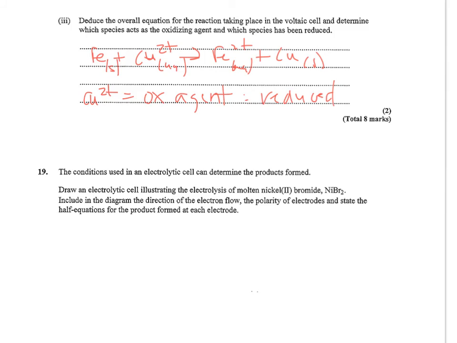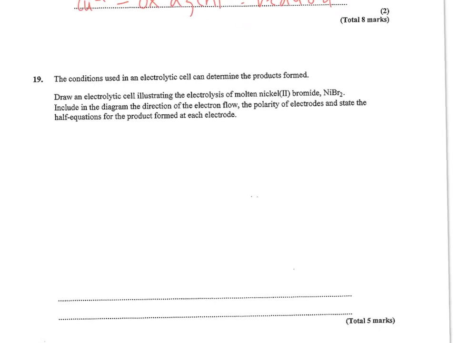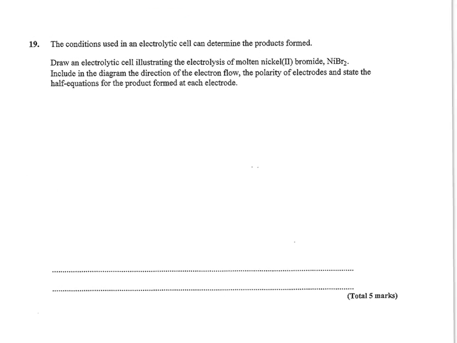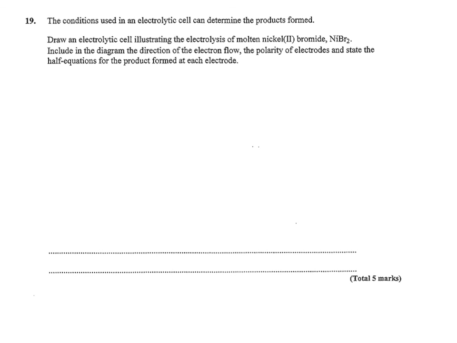Number 19 then, switching up, we're going to look at an electrolytic cell. And it says, draw an electrolytic cell showing the electrolysis of molten nickel bromide. So I've got just one cell this time. I've got a power source leading to each electrode.